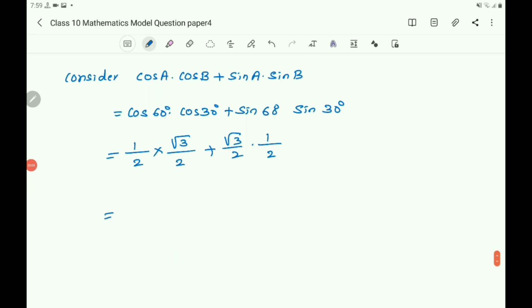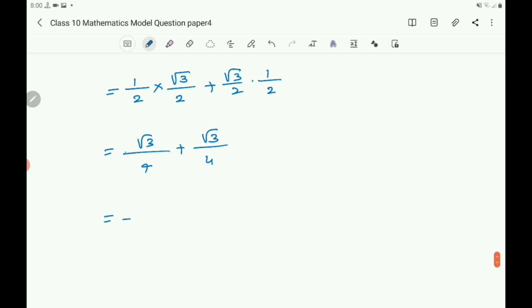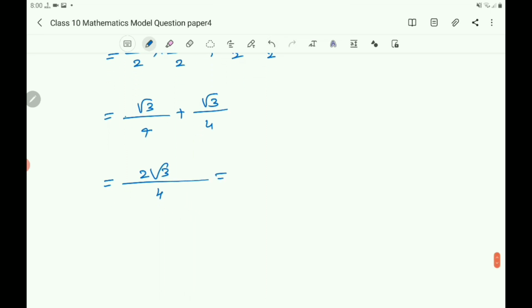So here 2 2s are 4 and 1 into root 3 is root 3, plus this is also 2 2s are 4, root 3 into 1 is root 3. Then you take the LCM 4, root 3 plus root 3 is 2 root 3. 2 root 3 by 4 equals, 2 1s are 2, 2 2s are 4, so you will get root 3 by 2.